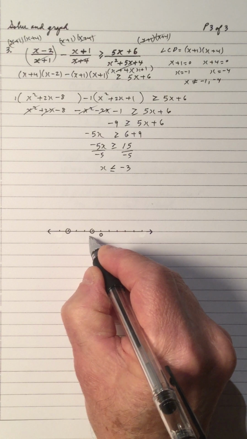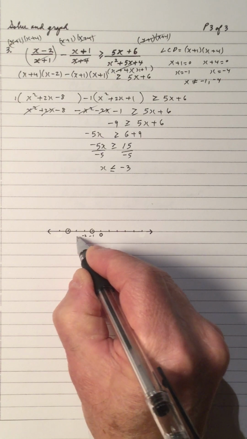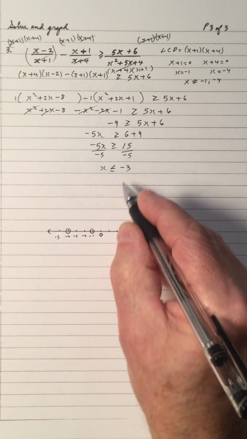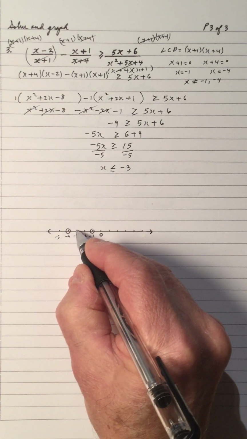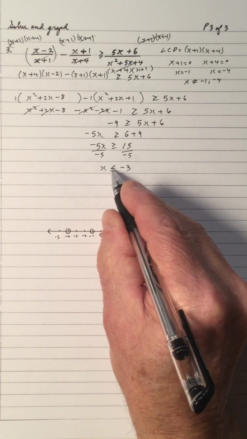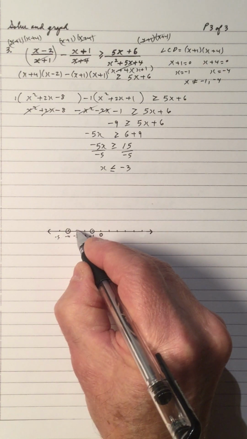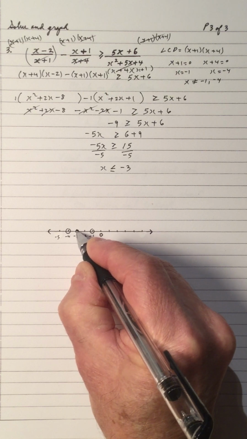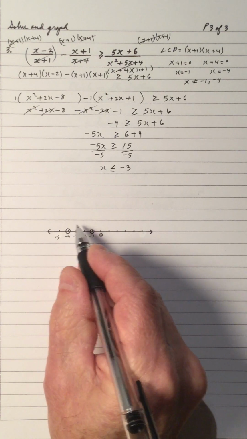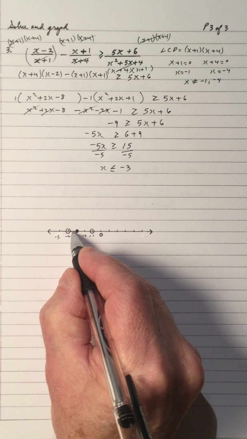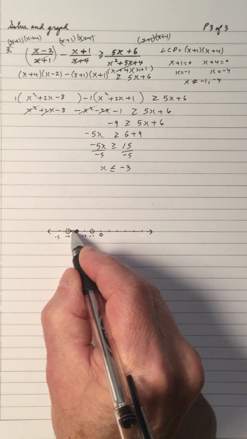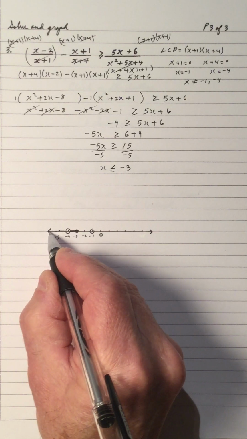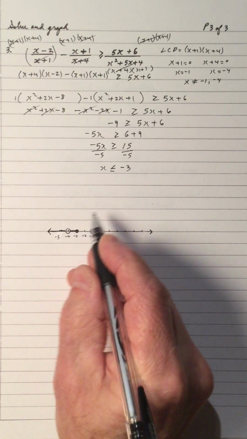So that's negative 1, negative 2, negative 3, negative 4, negative 5. It says x is less than or equal to negative 3. So I can have a negative 3 because it says equal to, so it's a solid dot. And we shade to the left, less than. So it's this part, and it's this part. So this is the shading.